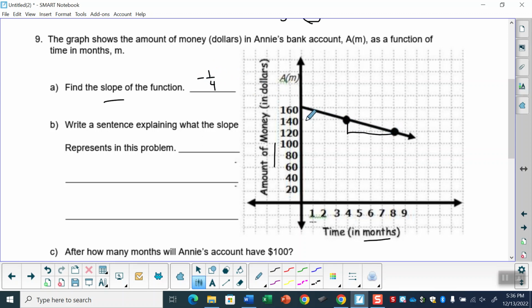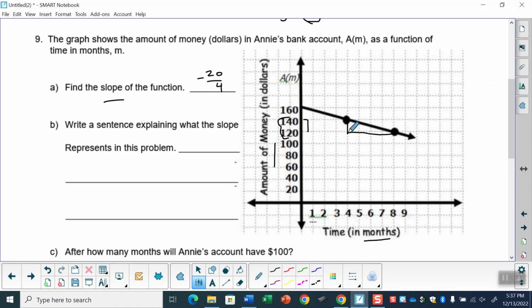Now here's the thing. Notice this down 1 is going from 140 to 120. So this 1 is actually going down 20, so it's negative 20. But since the months is going 4, 5, 6, 7, 8, this is still 4 months.